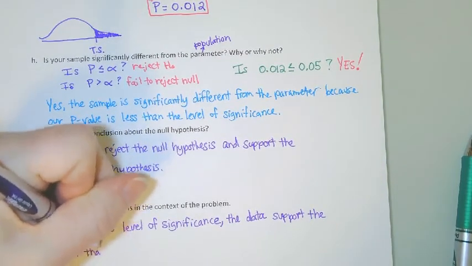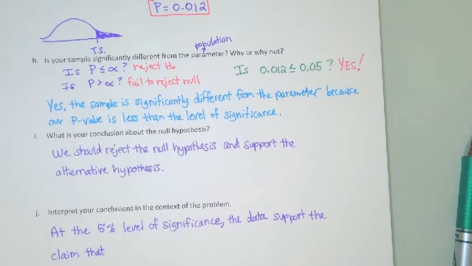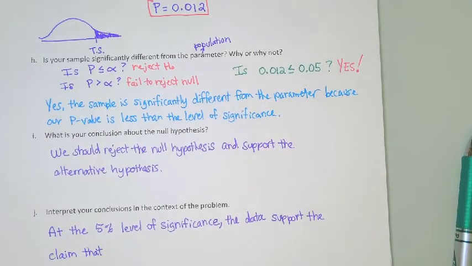that, and remember what we were comparing was the proportion of female bosses in general to the proportion of female bosses in the U.S. government. The alternative hypothesis was that the proportion of female bosses in the U.S. government was greater than the proportion of female bosses in the U.S. in general.